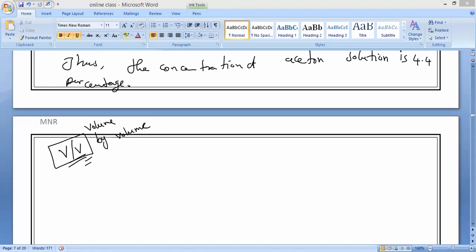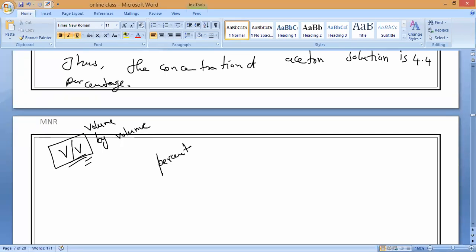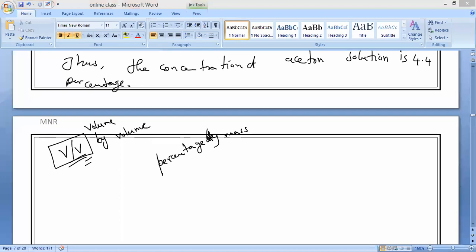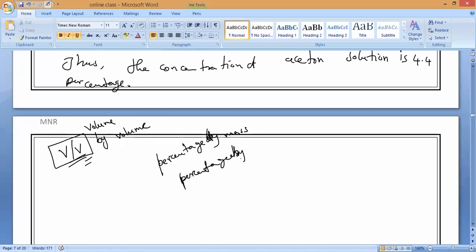But if you go to the industry, remember, when the concentration of a solution is expressed as percentage by mass, or we can say percentage by weight, it is denoted by W by W. What is the symbol?